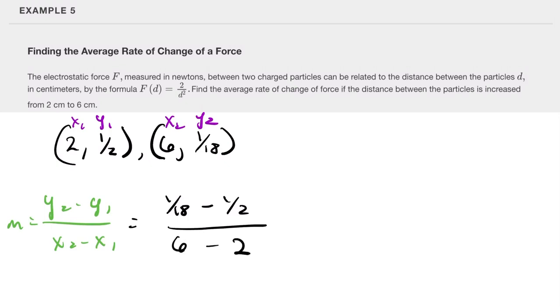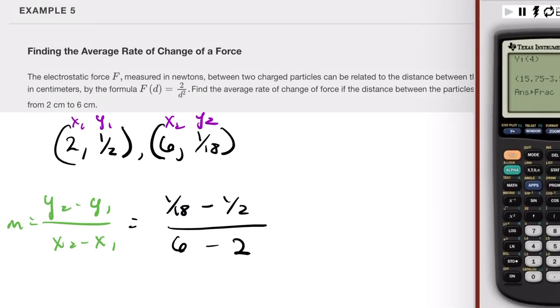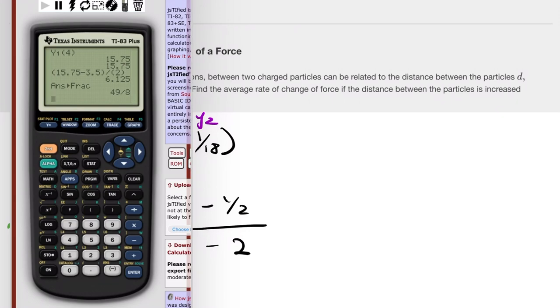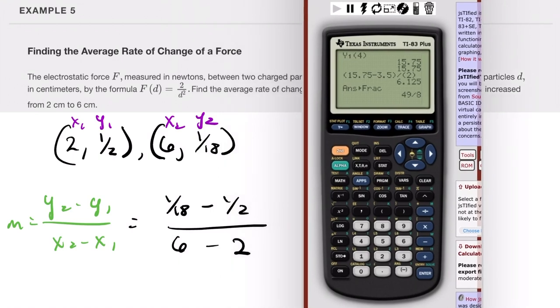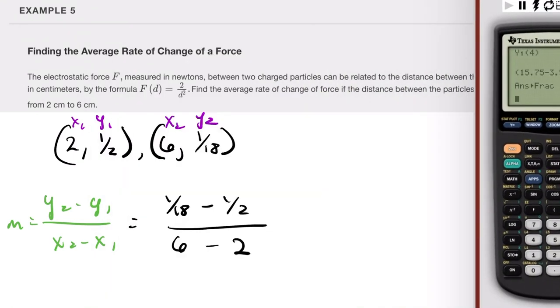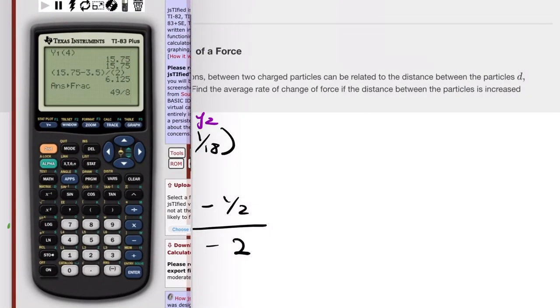So I think for this one, I'm going to do it in the calculator a little bit different. So we got 2 over d squared, 2 over x squared.